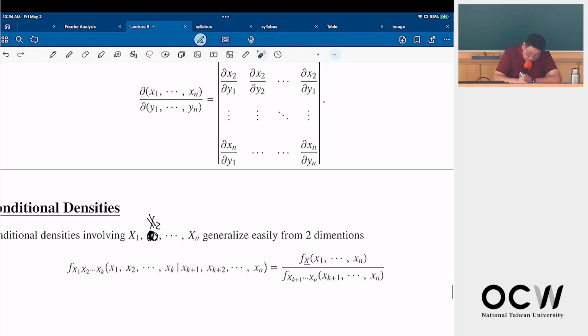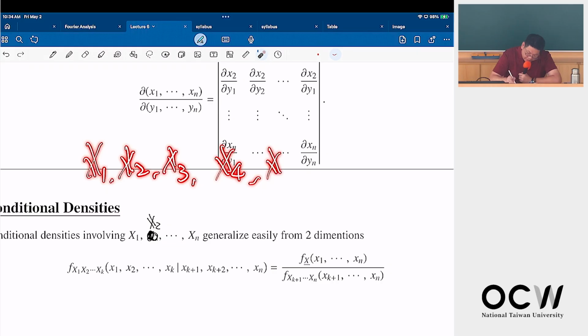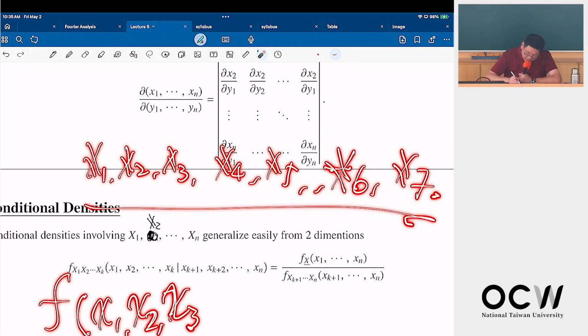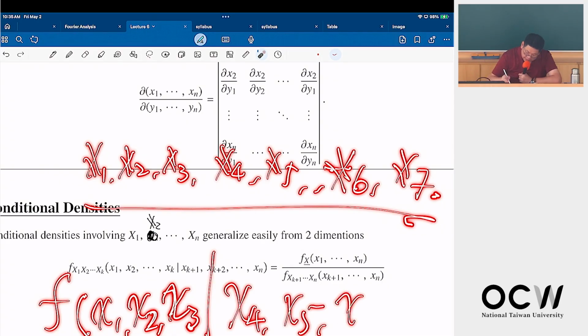That means I have x1, x2, x3, x4, x5, x6, and x7, for example. Now, what is the conditional PDF of x1, x2, x3, conditioned on x4, x5, x6, x7?